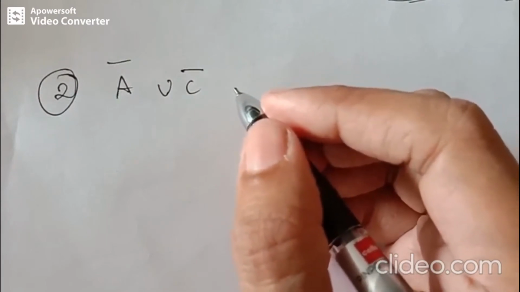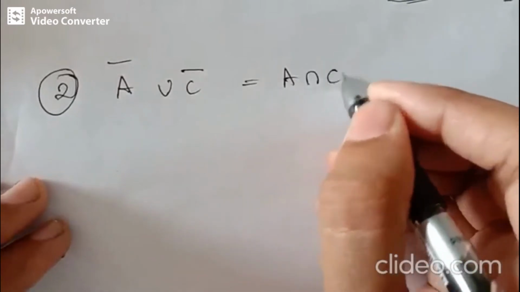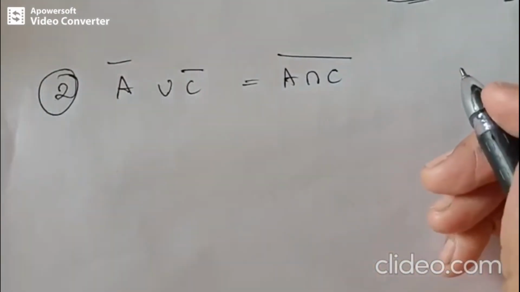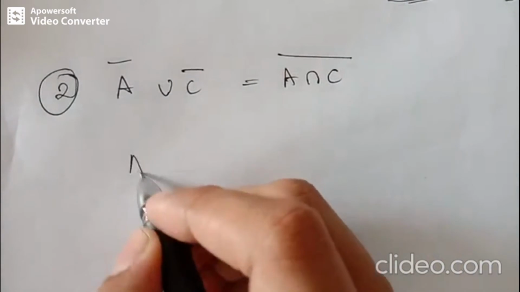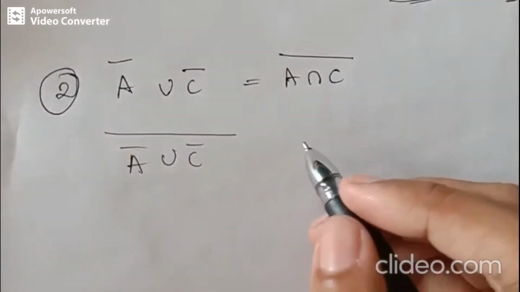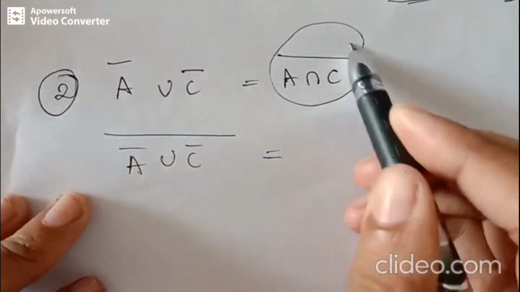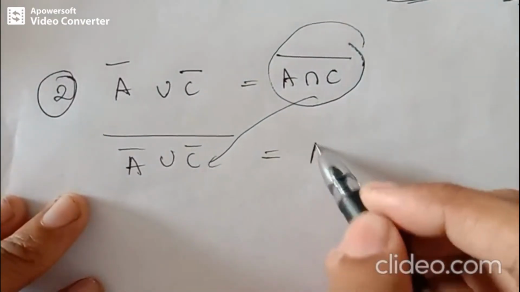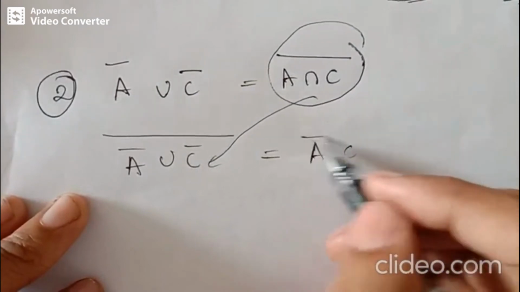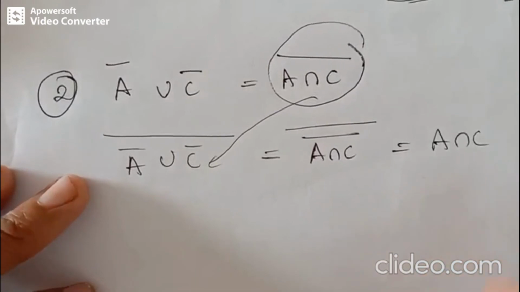So A complement union C complement is nothing but A intersection C, the whole complement, right? And given the question, A complement union C complement the whole complement, I can substitute this over here. So it will be A intersection C complement, and once again you have got the complement, which is nothing but A intersection C.